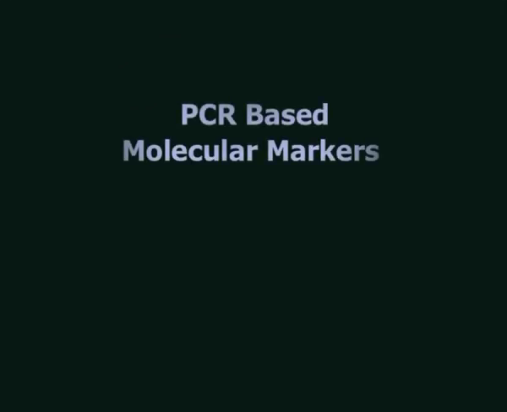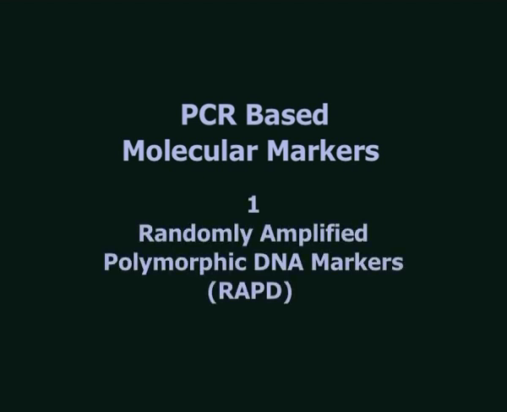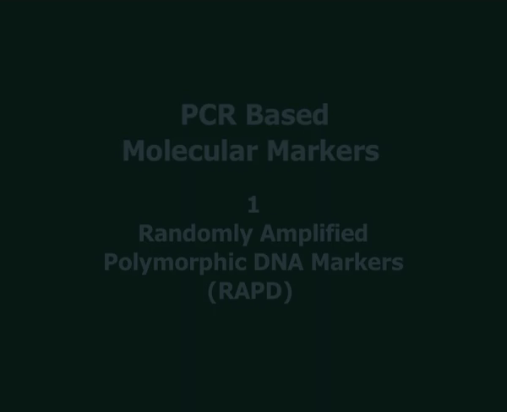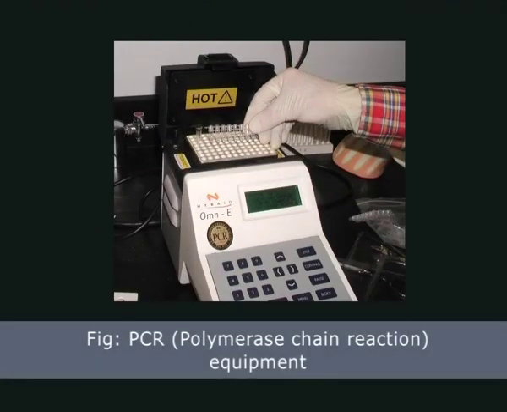Next, we'll come to the PCR-based molecular markers. The first one is the randomly amplified polymorphic DNA markers, known as RAPD. RAPDs are produced by repeated cycles of DNA denaturation, renaturation, and DNA replication in a PCR, that is polymerase chain reaction, equipment.